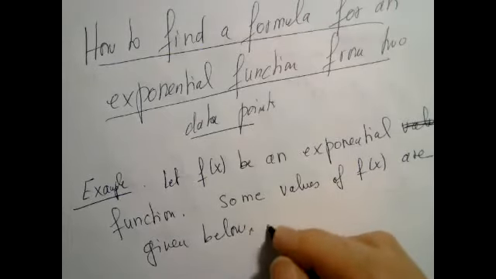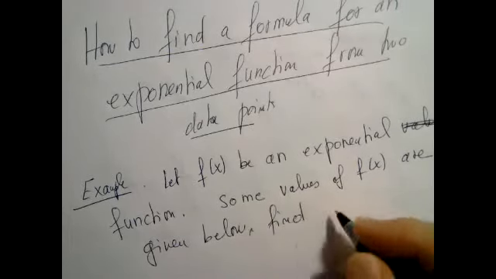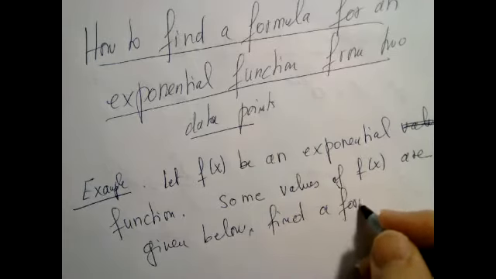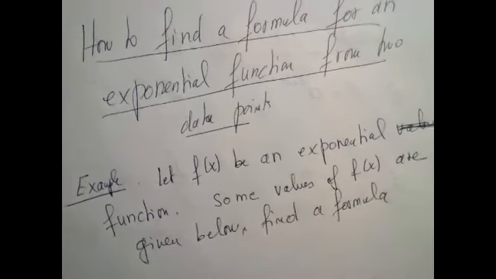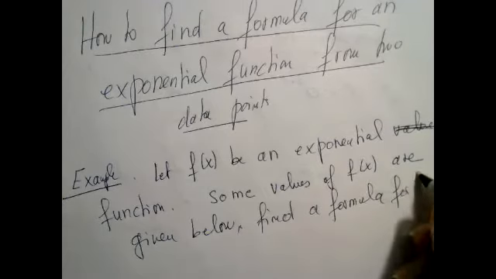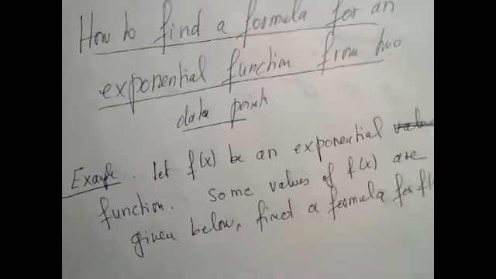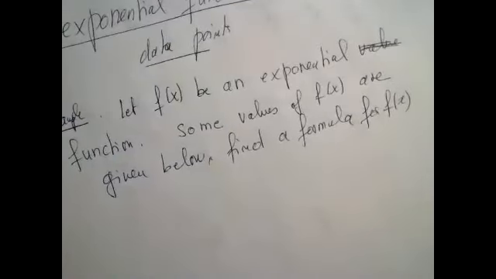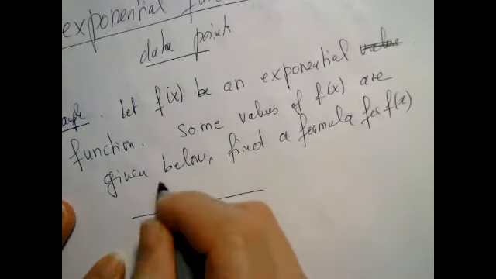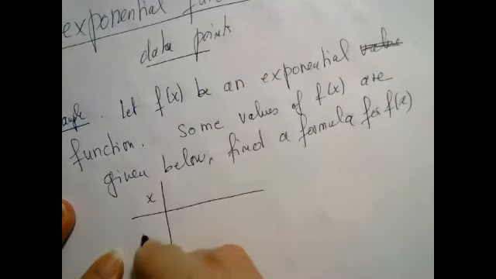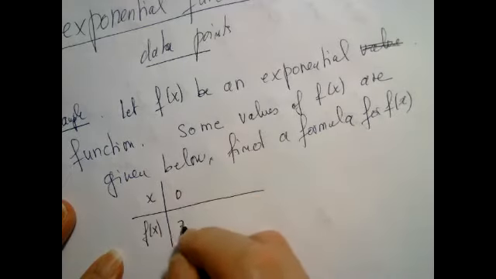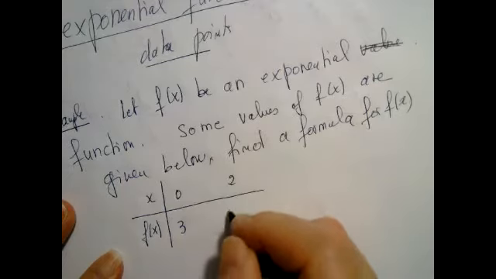Find a formula for f. So write this down, and then every word will be explained clearly. So this is x, this is f of x, and 0, 3, 2, 12.